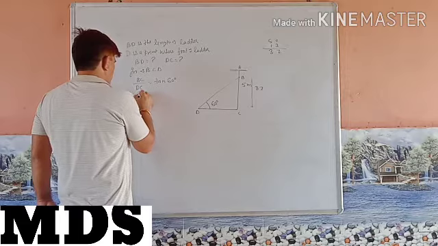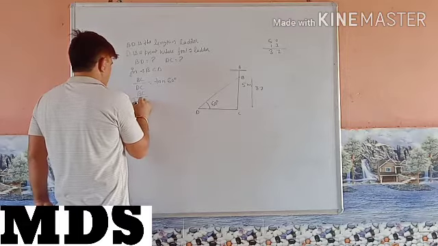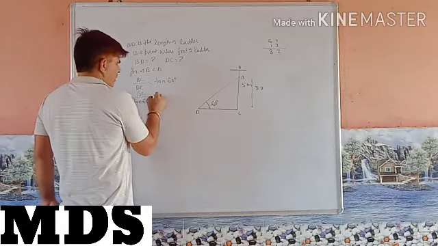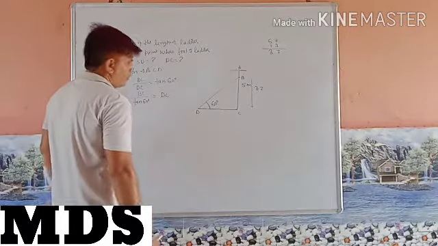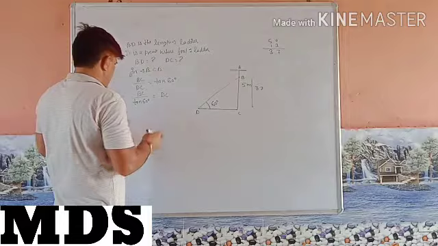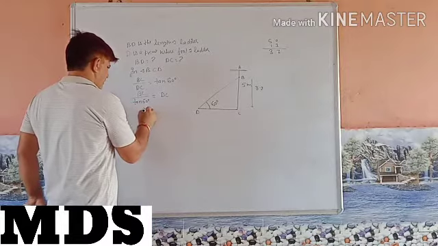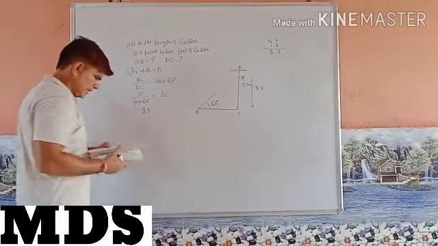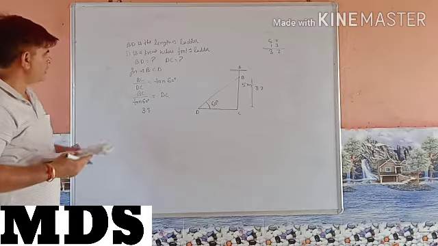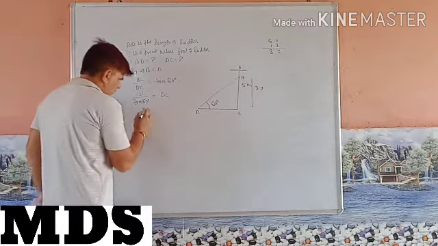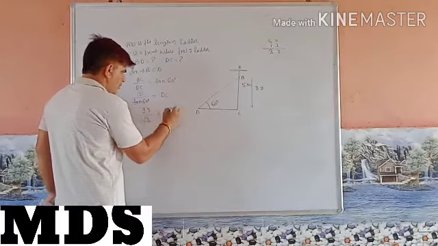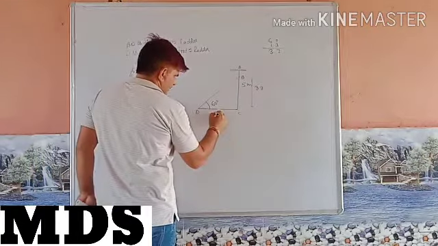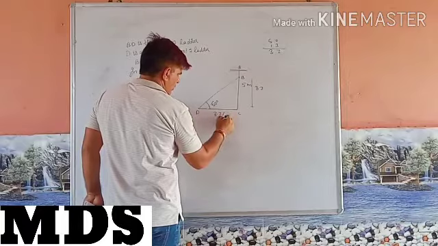So bring BC by tangent 60 is equal to DC. BC how much? 3.7. What's the value of tangent 60? Root 3. So this is 3.7 by root 3.